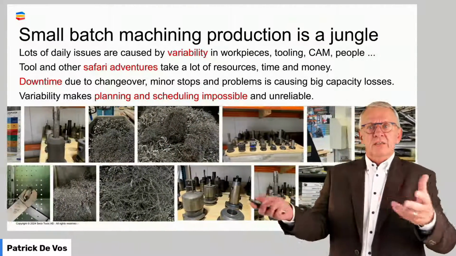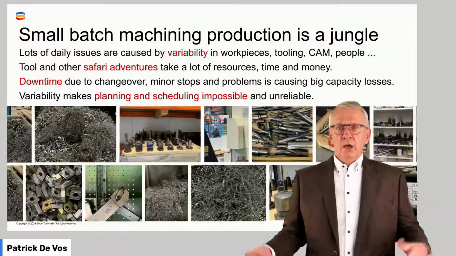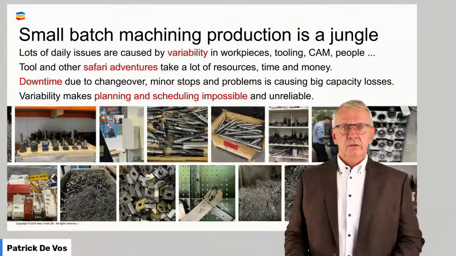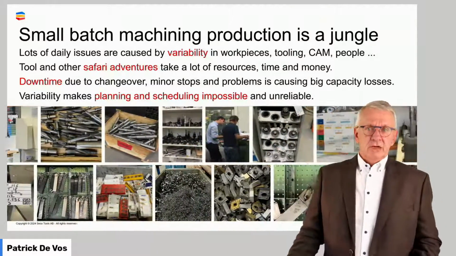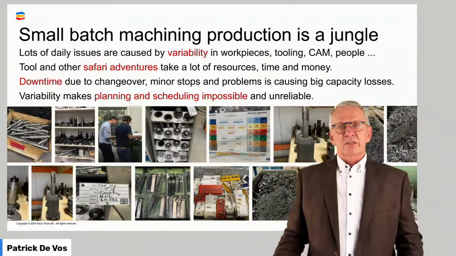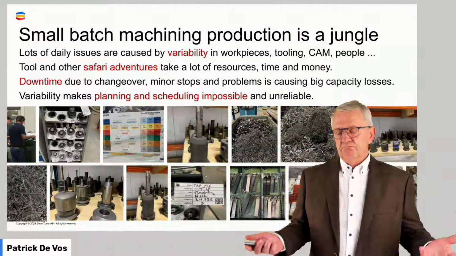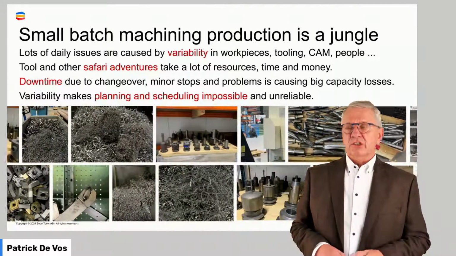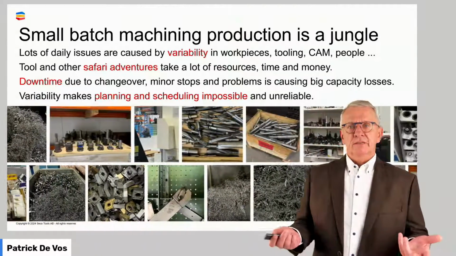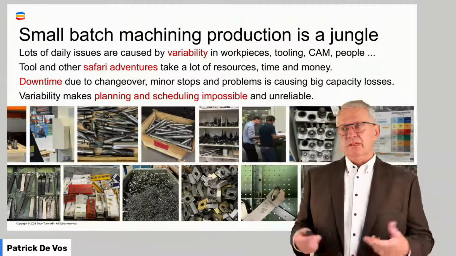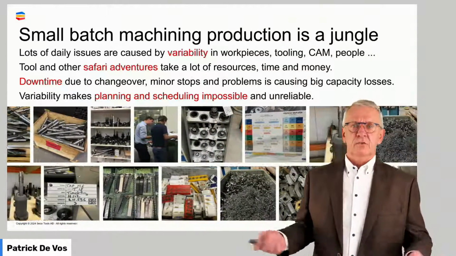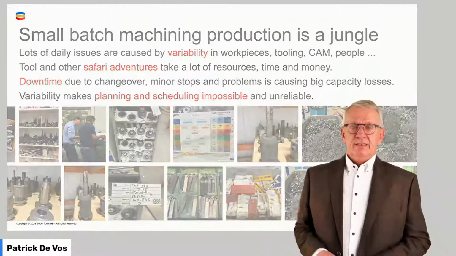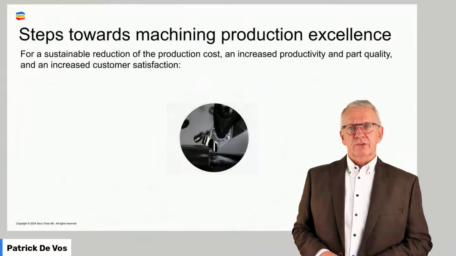There is a rumor there is a face milling cutter in the workshop. But where is it? Unexpected downtimes. The machines are supposed to run, but they are standing still due to events. And planning and scheduling, as I already said, delivering is quite a challenge. You make a plan, you schedule things, and after a while you realize things are not happening as you thought they were going to happen.